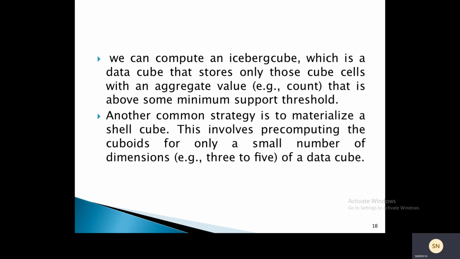So we set a criterion for which cuboids should be calculated, and for that we have a minimum support threshold. Another common strategy is to materialize a shell cube, wherein we pre-compute the cuboids for only a small number of dimensions, 3 to 5, of a particular cube. If we have too many dimensions, we select only a small number of dimensions, like 3 to 5, and materialize those.